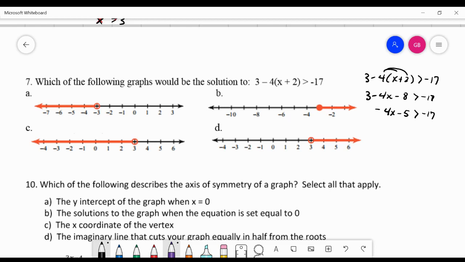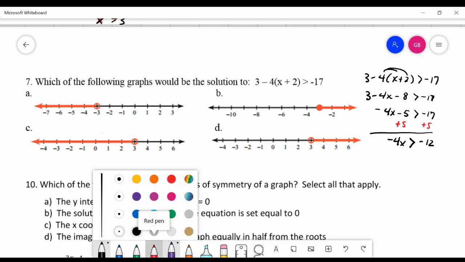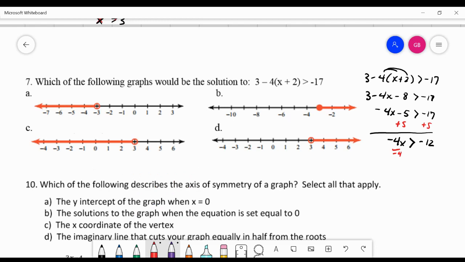Okay, and then I'm going to add 5 to both sides. So -4x is greater than -12. And then I'm going to divide both sides by -4. And remember, since I'm dividing by a negative number, I need to switch the inequality.